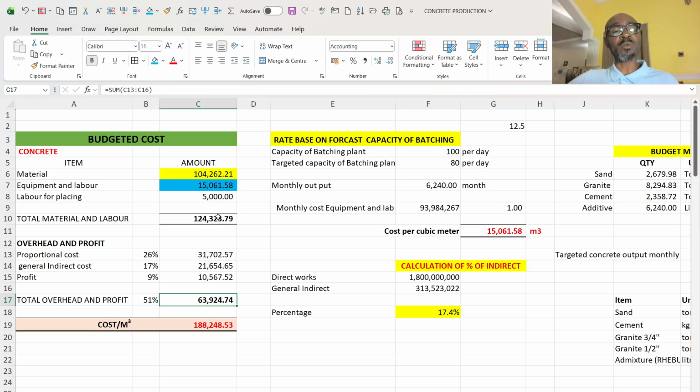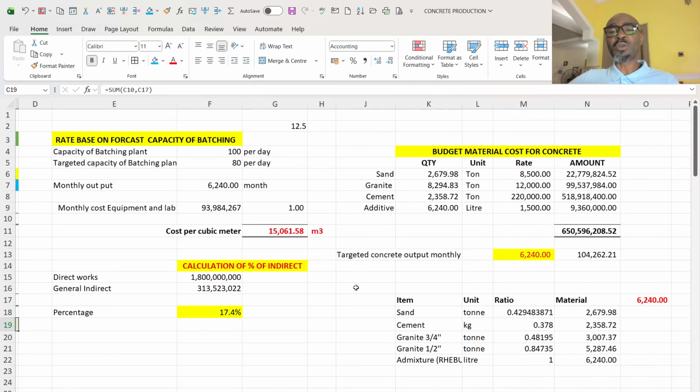So if you add it together with your material, you'll be having my budget cost as 188,248 naira 0.53 kobo, which is my budgeted cost. So having done that, I have shown how I came about my budget.